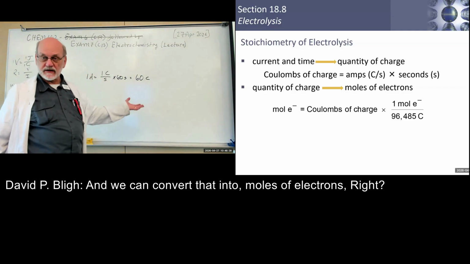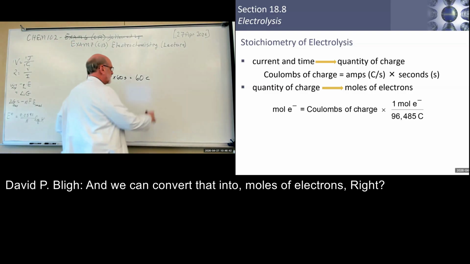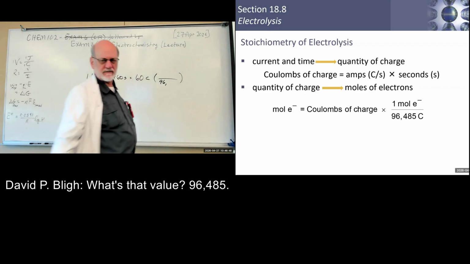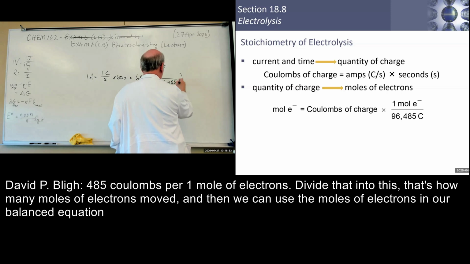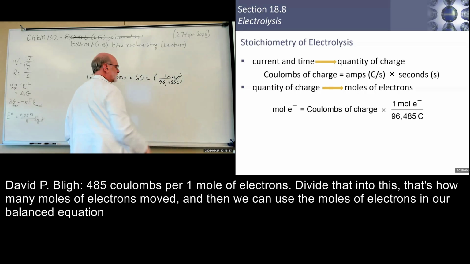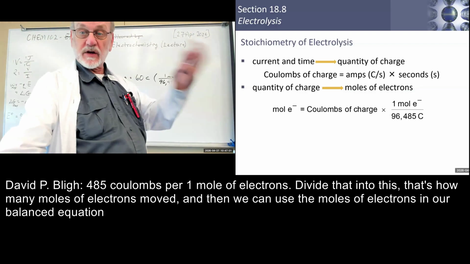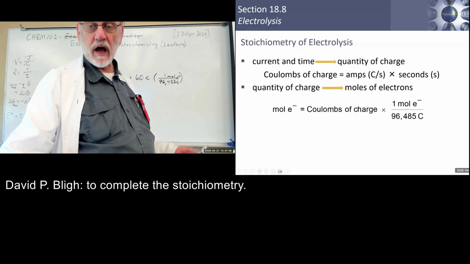And we can convert that into moles of electrons, right? Just, let's see, 96,000 something. What's that value? 96,485 coulombs per 1 mole of electrons. Divide that into this. That's how many moles of electrons moved. And then we can use the moles of electrons in our balanced equation to complete the stoichiometry.